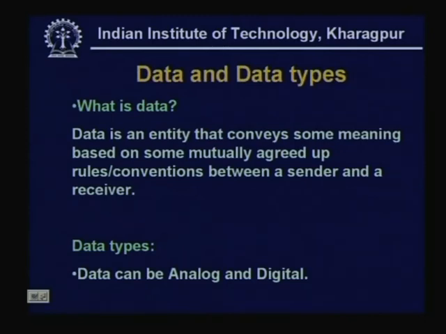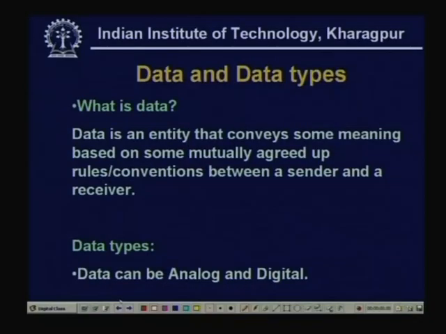That means for sending the data, the sender has to follow some mutually agreed upon rules and conventions. At the receiving end, the receiver also has to follow mutually agreed upon rules and conventions to interpret that data.